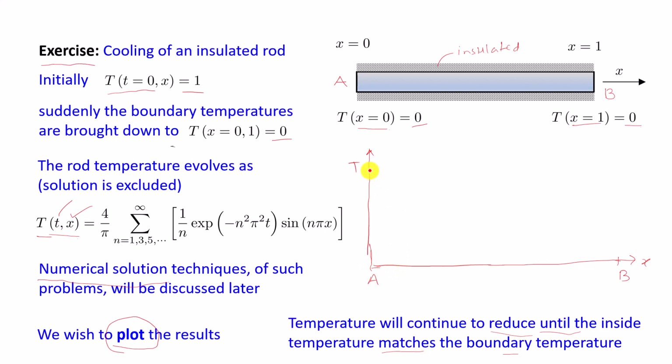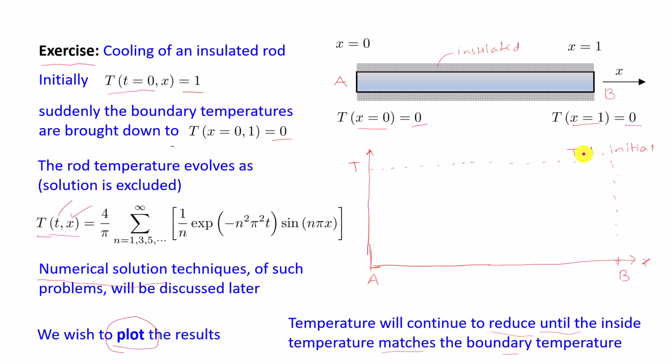And initially temperature was 1 and suddenly it was made 0 at the end. So this is my initial temperature, T equals 1. And when I make it suddenly 0, both ends A and B come to 0, and the temperature inside will then begin to fall.